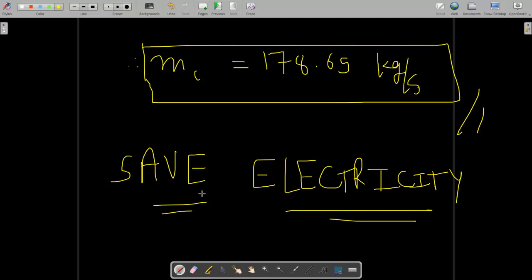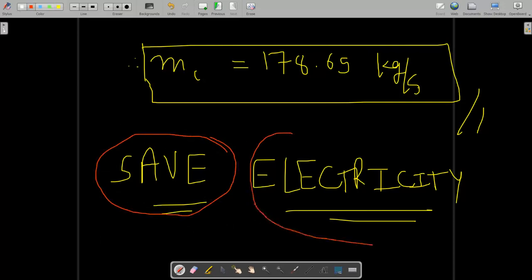You can assume how much coal is consumed in one day. Coal is non-renewable, so that's why I say save electricity and use only the amount you require. If not required, just switch off the lights, fans and all other electric appliances.